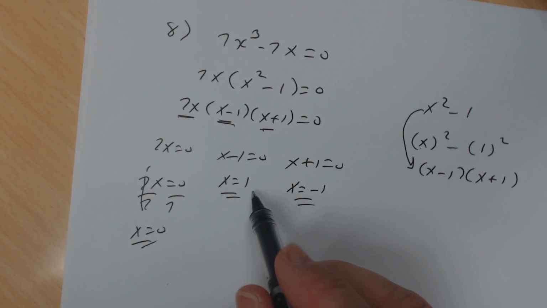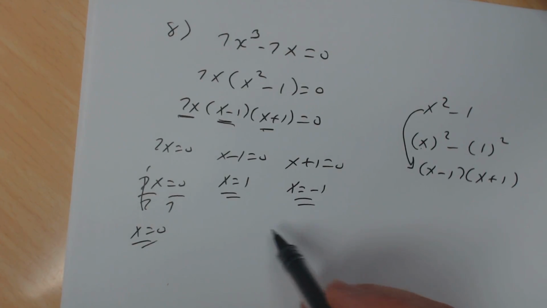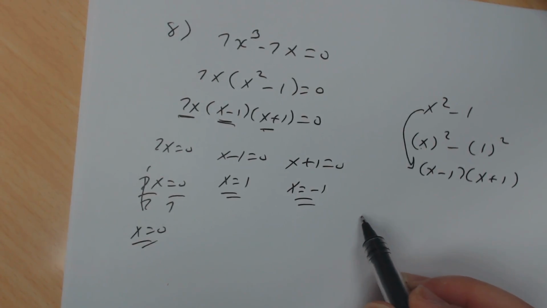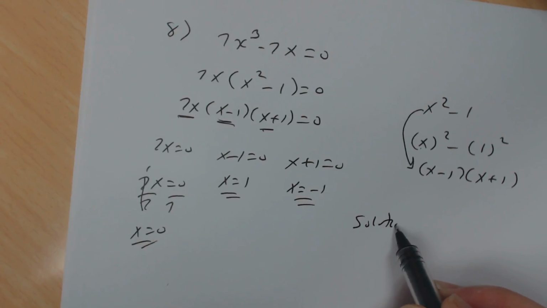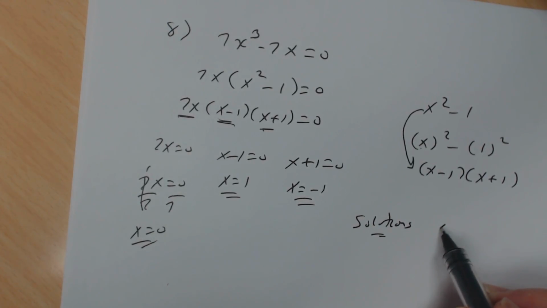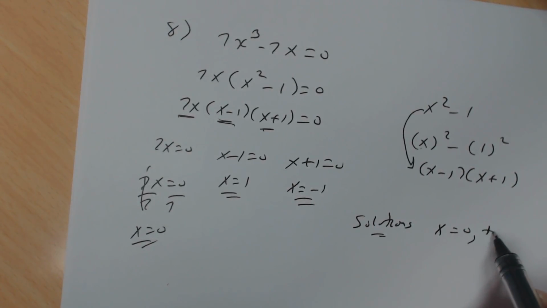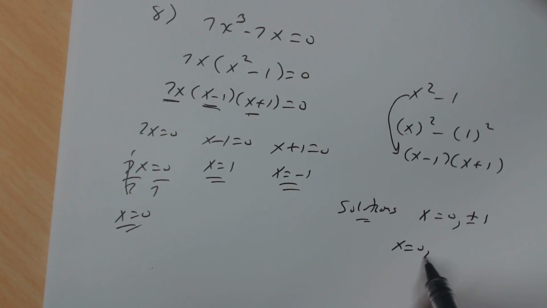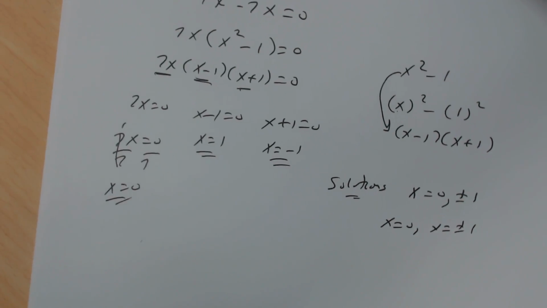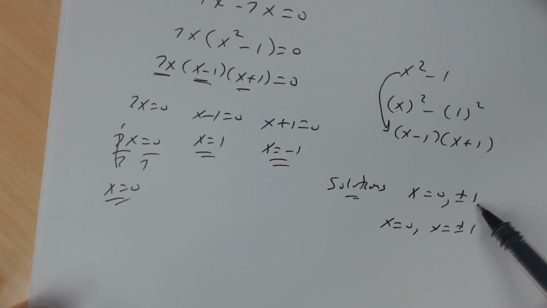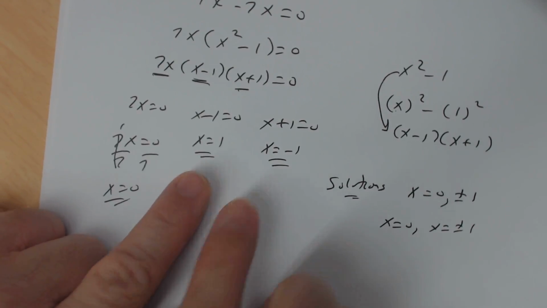Now sometimes, see how 1 and negative 1 are opposites of each other? So sometimes you'll see the solutions written like this. Just to let you know, you may see x equals 0, x equals plus or minus 1. So you'll see the plus or minus 1 to indicate these two.